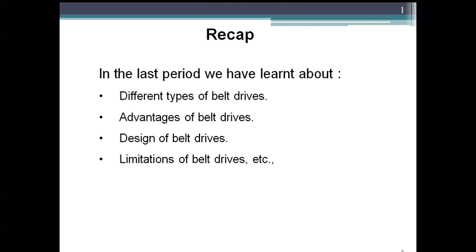It should be less than for belt drives, but it is possible to transmit power over some distance. So this is about the belt drives and chain drives we have seen in the previous classes.